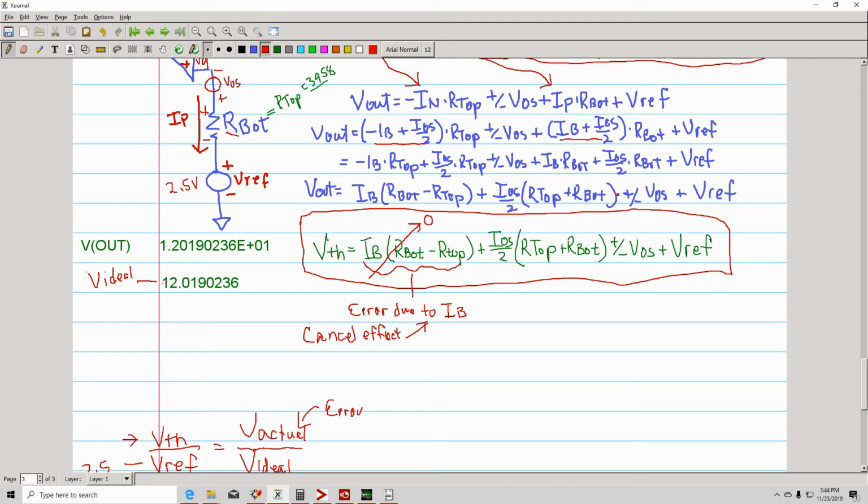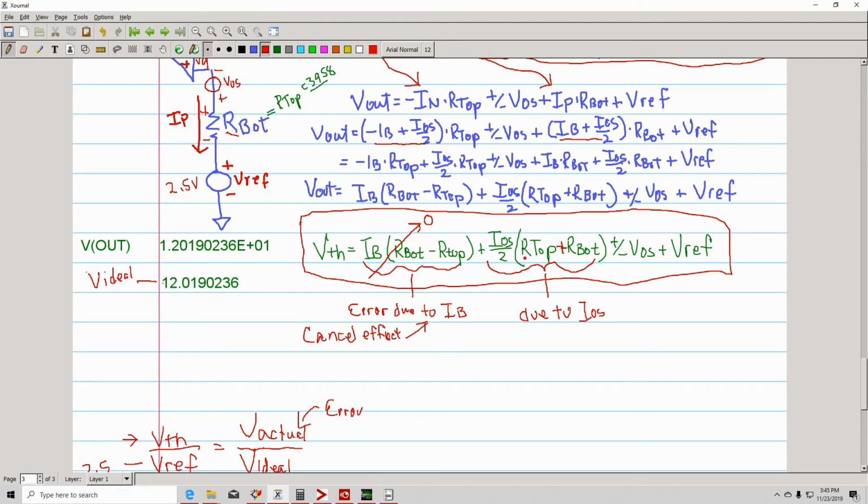Okay, now we can also do the same thing over here. This term gives you the errors due to IOS. Okay, and in this case we don't have a negative, we have a positive here, so we don't have the cancellation.